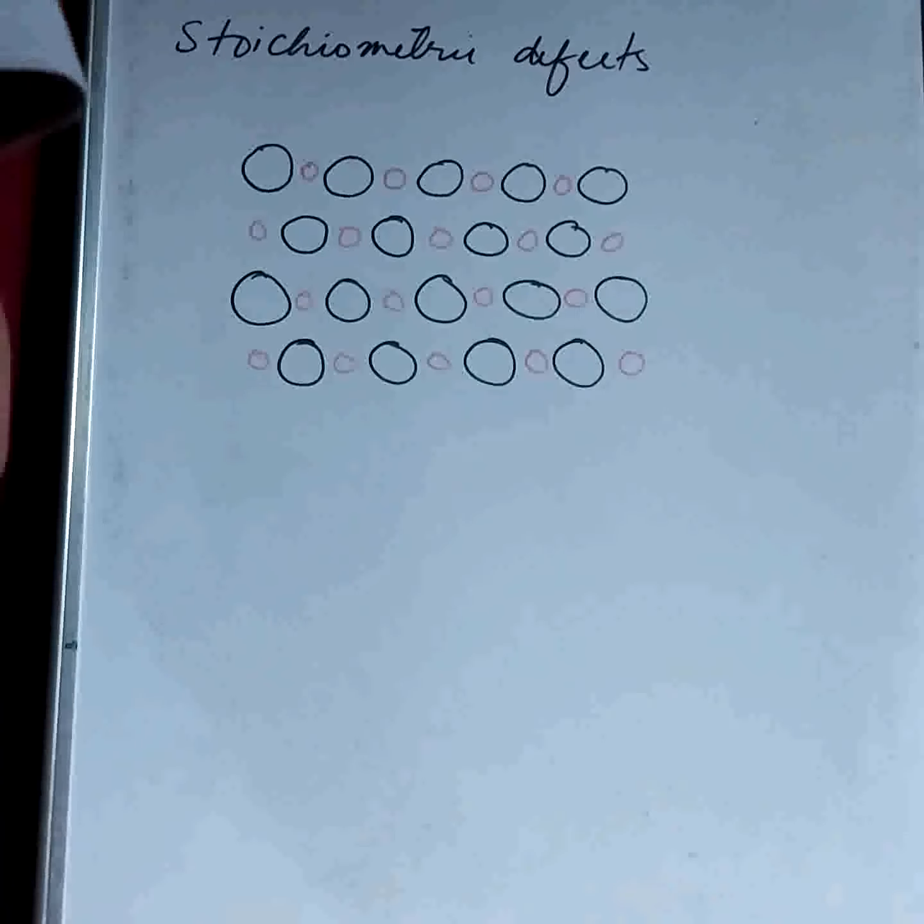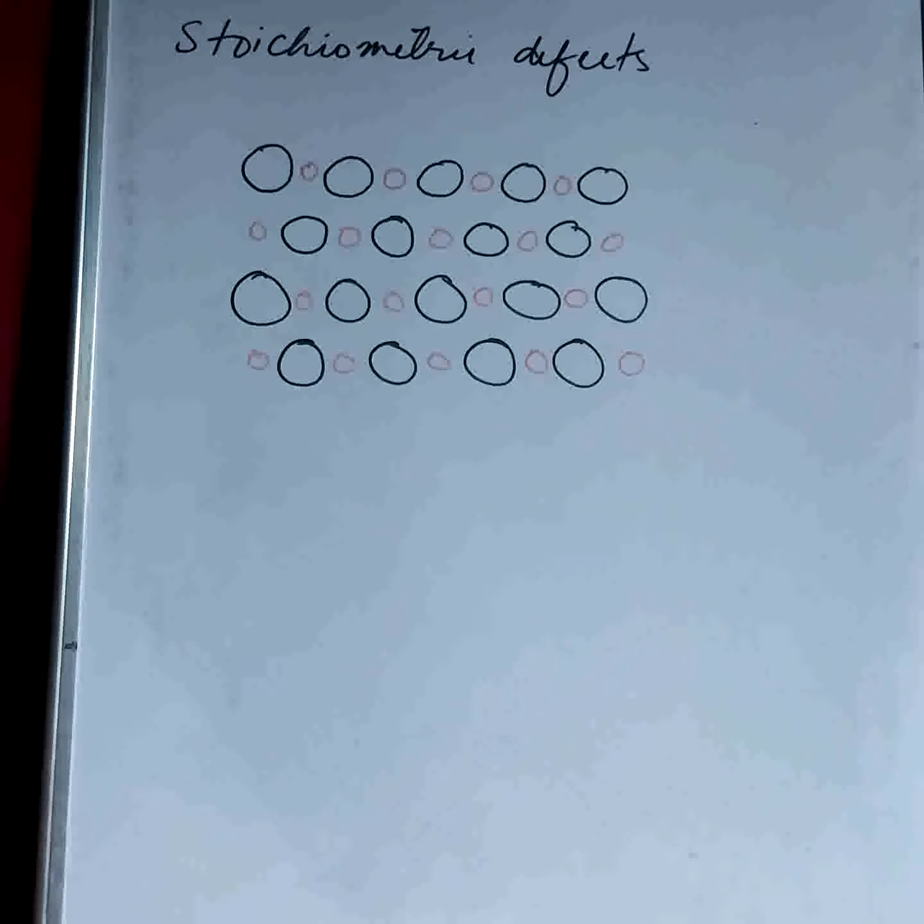Now let's look at one of the stoichiometric defects. So let's picture the arrangement of the cations and anions in this form.